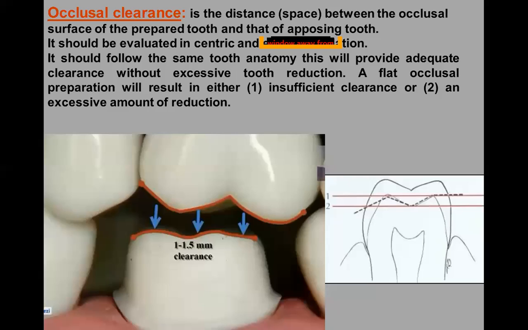For this reason, we must remove the required amount of the preparation to face the occlusal forces of the opposite walls, and this must be a good amount to make it possible to have a strong restoration, and it makes it possible for us to make the proper anatomical features of the crown or restoration.